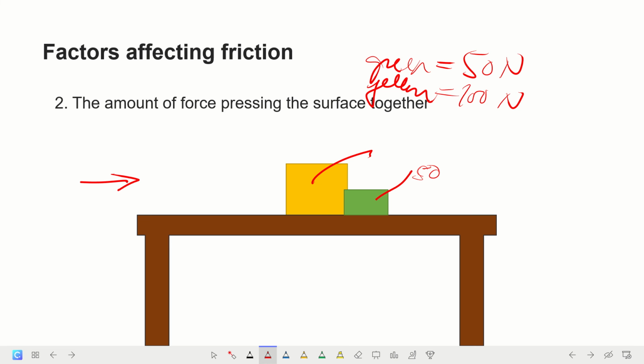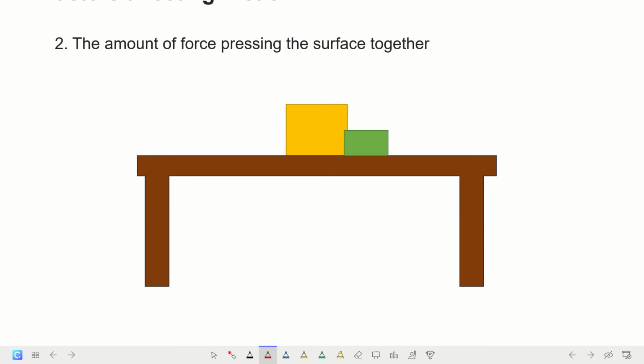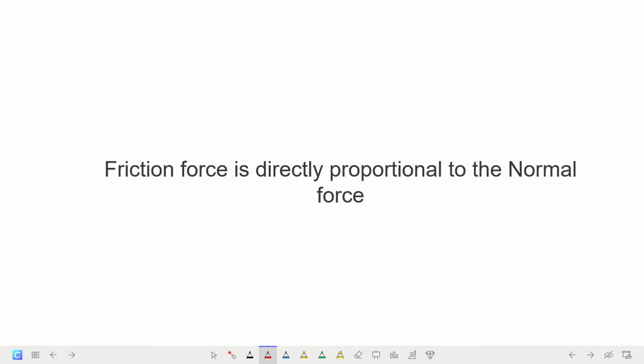The force due to gravity is a force coming from the gravitational pull of the earth. But our normal force is a force coming from the surface of a supporting object. So the friction force is directly proportional to the normal force.